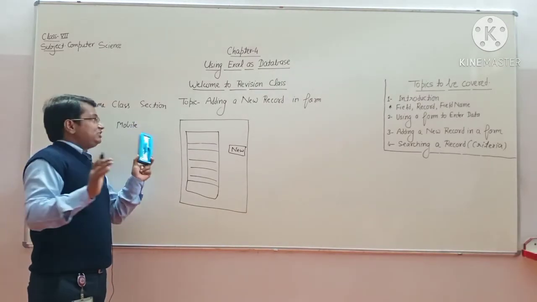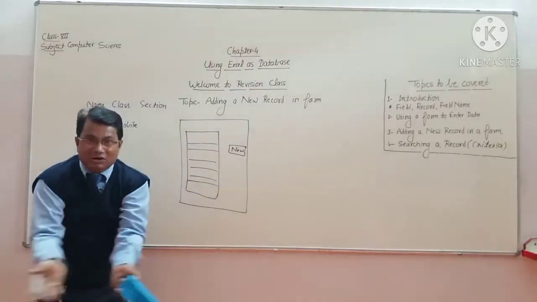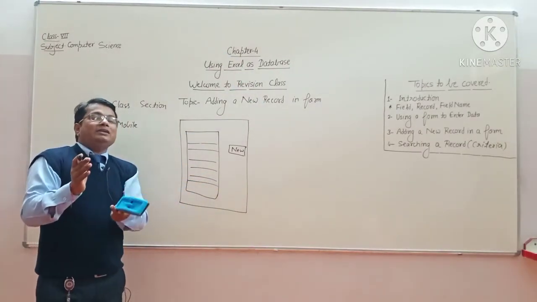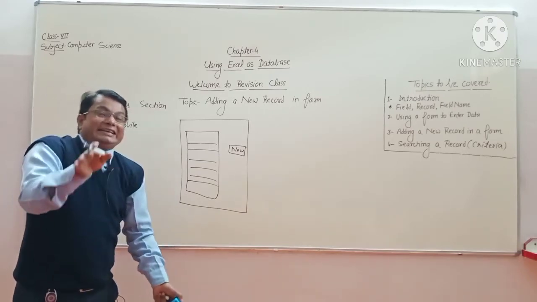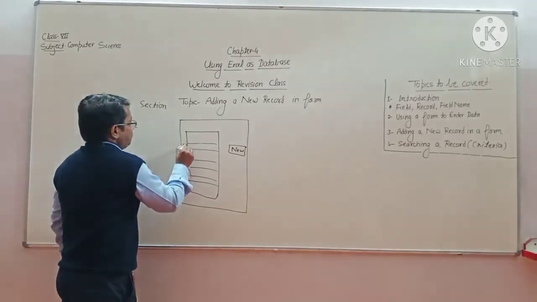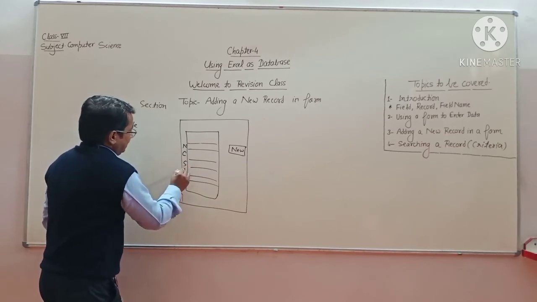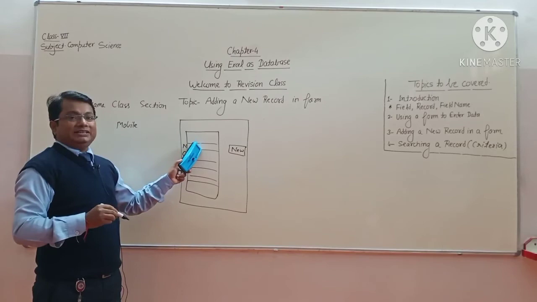By having these boxes you can easily have one interface, and that interface gives you a medium so that you can enter your data in the easiest way. Suppose this is for name, this is for class, this is for section, and this is for mobile. Just try to enter the data here.